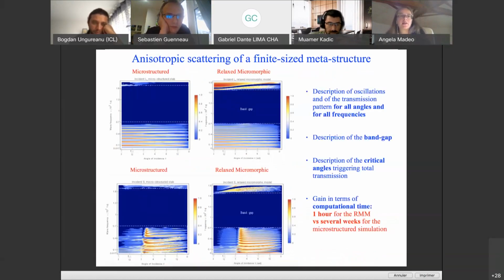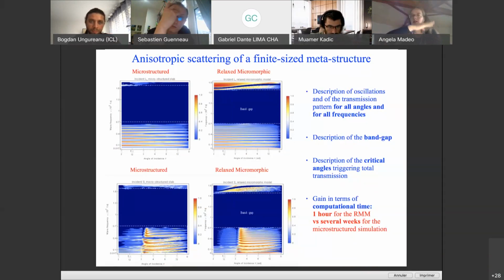In this way, we calculated reflection and transmission coefficients, and you can see here for longitudinal incident waves, on the y-axis, we have the frequency of the incident wave. On the x-axis, we have the angle of incidence.